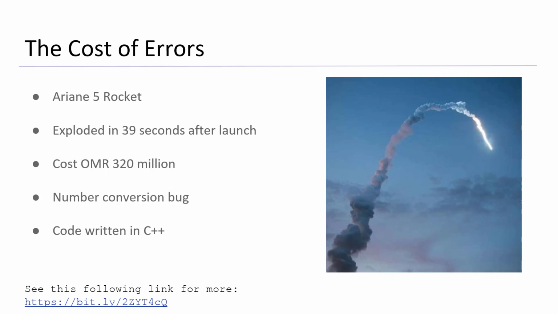And because the number that we were trying to store was too large to be saved in the space where it was supposed to be stored, the conversion between two different data types failed, and because of that, the rocket exploded. Now, the code had been written in C++, and in C++ at that time, you might have made those kinds of mistakes if you were not very careful. Hopefully, in Python, you will make fewer of such mistakes.